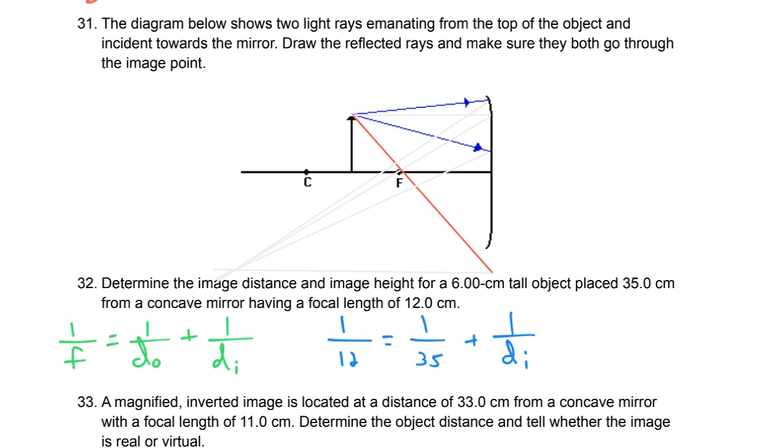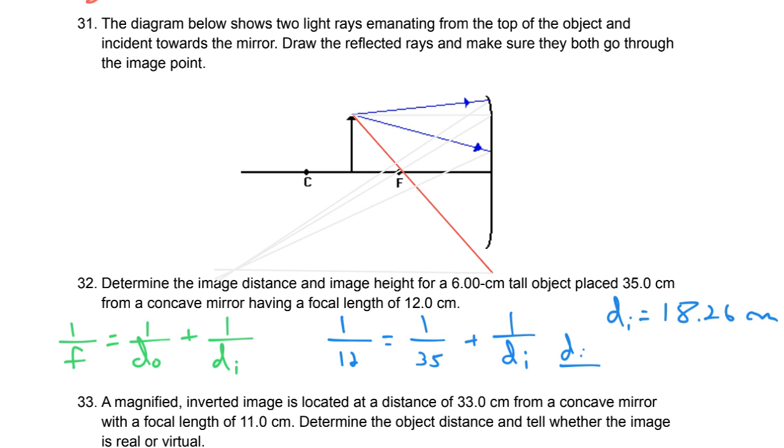To do this, I'm just going to do 1 divided by 12 in my calculator. Then I'm going to subtract 1 over 35 and then invert that number to get that my image distance should be 18.26 centimeters. Now to get the image height, we have to figure out the magnification. Our magnification formula is just di over do.